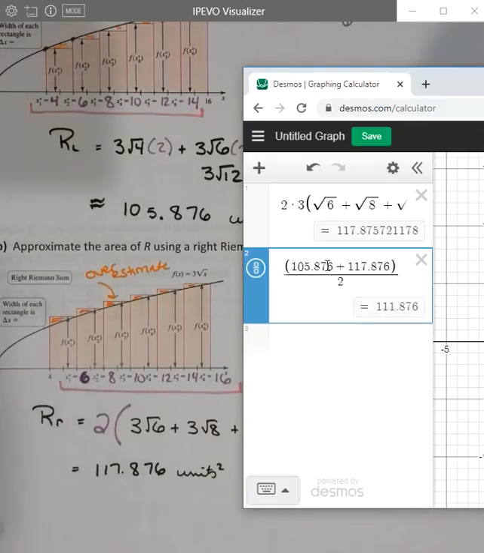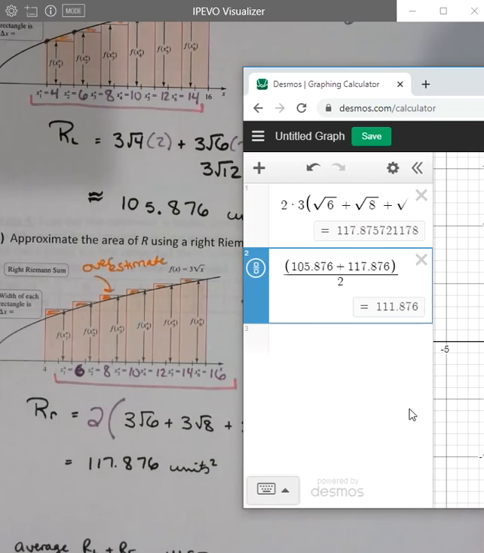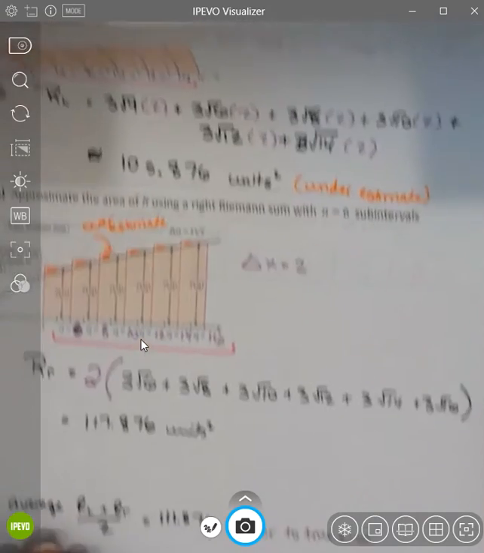So we can guess by averaging them that 111.876 is going to be closer, right? So that's going to be closer to the true area. Okay, so I just wrote a little bit on the bottom of the page, didn't show up, sorry.